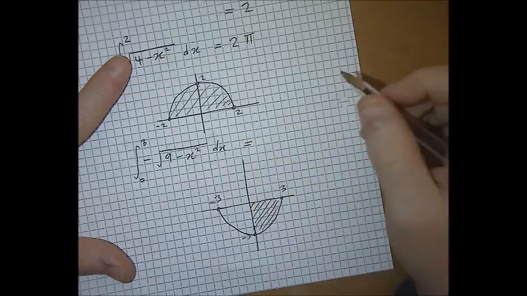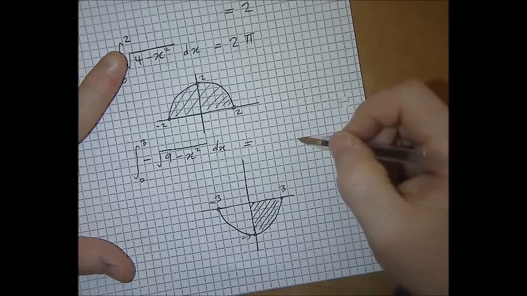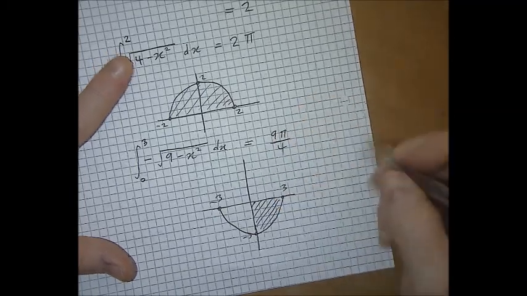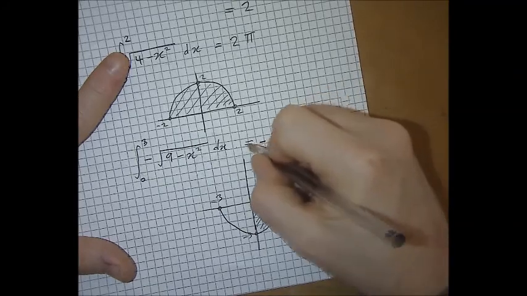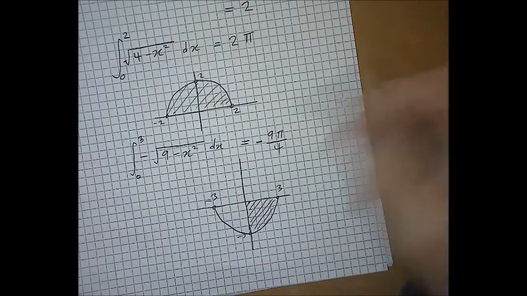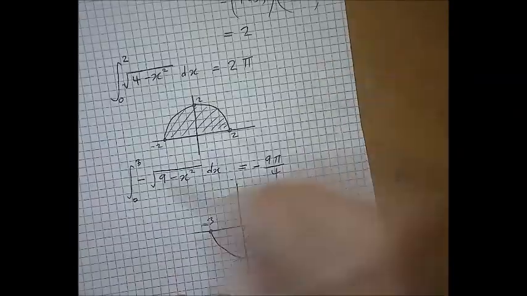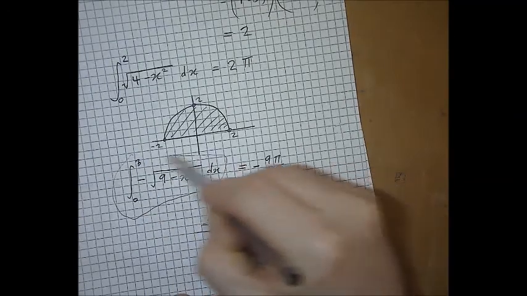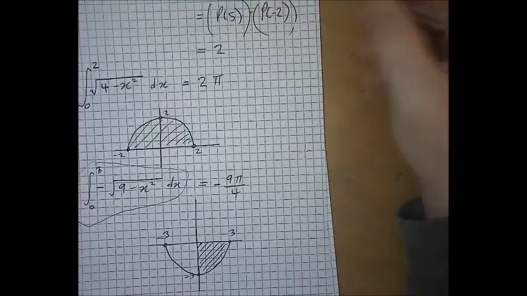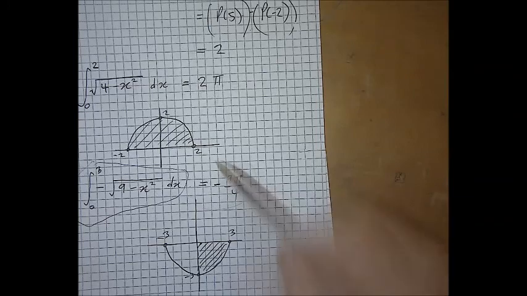If it was a full circle, it would be pi r squared, which would be 9 pi, but instead it's a quarter of that. And under the axis, you get -9 pi over 4. So this is an example where I ask you a question mentioning the first meaning, and then you forget the second meaning and the third meaning, and you switch straight to the fourth meaning.